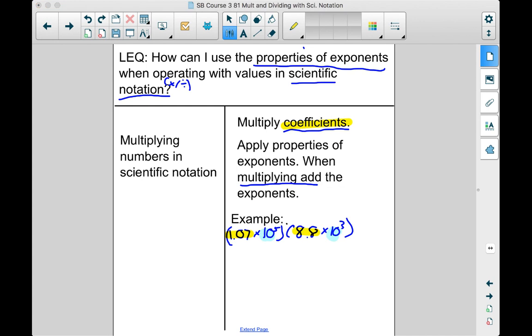And the final part that we have is we have our 3 and our 5. Those are our exponents. So go ahead and label these parts with me. So we've got our exponents, we have our bases, and we have our coefficient.